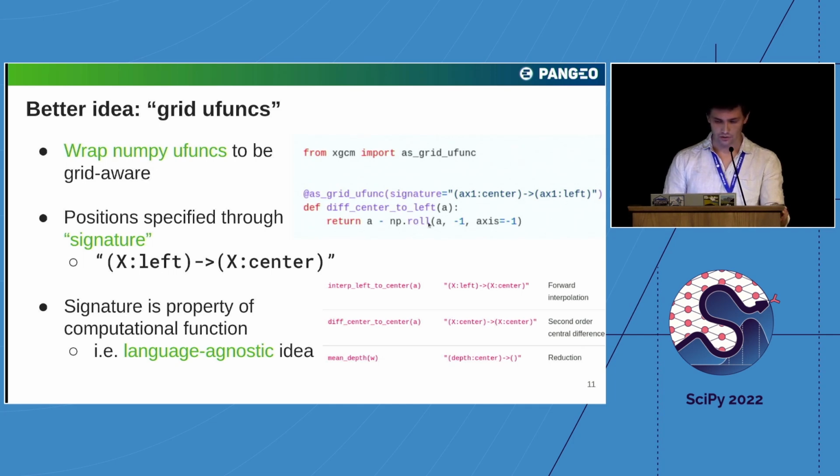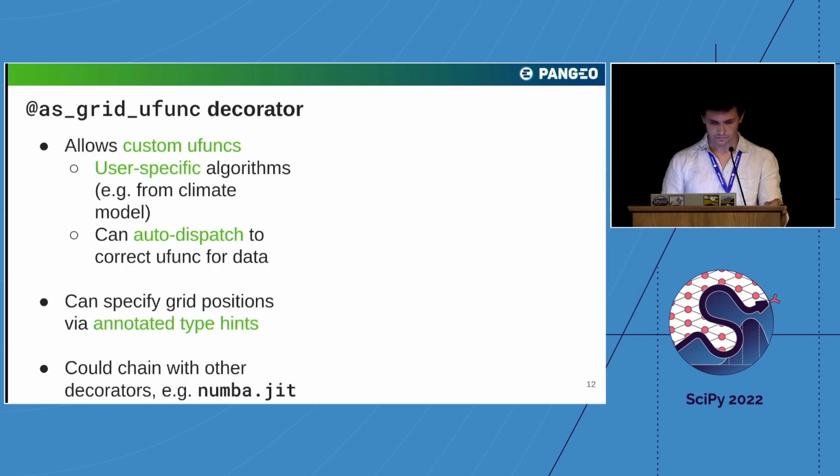But the function itself, the ufunc here, is a NumPy-level function. So by wrapping it, we are promoting it to something which accepts and consumes X-array objects, as well as checking the grid positions of the data that we're feeding it. And the whole point of this is to help avoid mistakes in user code.